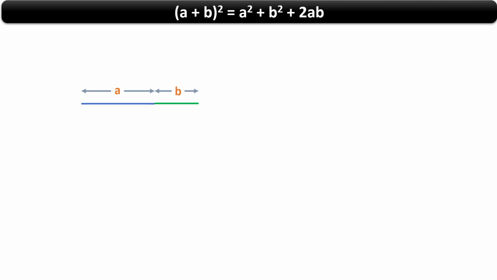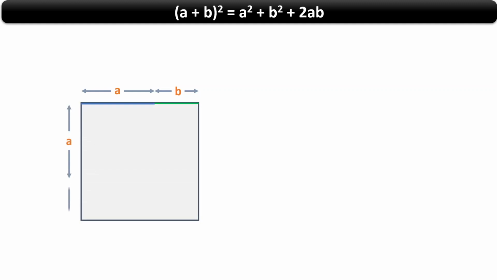So now we want to know the square of a plus b. We have lines a and b, so put together a plus b. Let us make it a square to find the area. We'll draw a square of length a plus b, right? So all the sides will be of length a plus b.